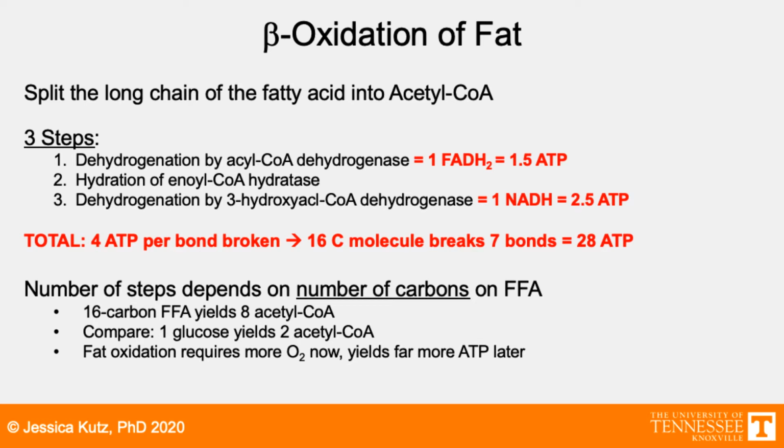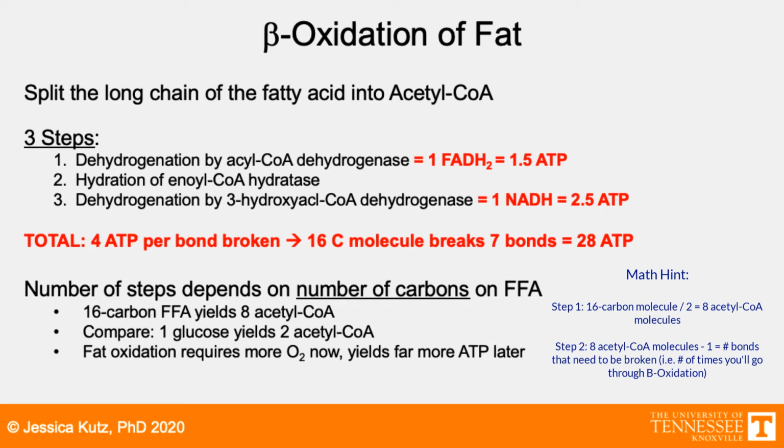So in our example, we had a 16-carbon molecule. That means we're going to have to break 7 bonds because it's a linear chain. So we'll end up with 28 ATP. So that's 4 times 7 is 28 ATP total. So my first mathematical hint for you for beta oxidation, or just fat metabolism overall, is when you're trying to calculate the number of acetyl-CoA molecules that you'll have for any given free fatty acid that you're going to metabolize, you take the number of carbons in the molecule, so in this case it was a 16 carbon molecule for palmitic acid, and you divide by 2.